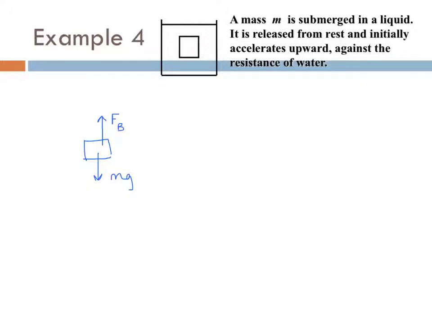And because we're accelerating upwards, the direction of friction, or resistance, is in the opposite direction. So if upwards is now positive, we have our buoyant force, rho g v, minus mg minus our resistive force equal to mass times acceleration because we are accelerating.